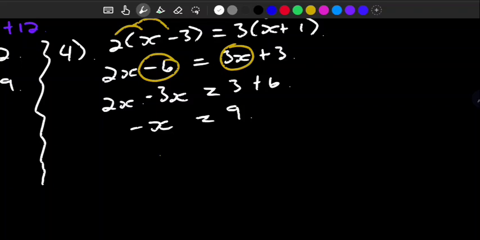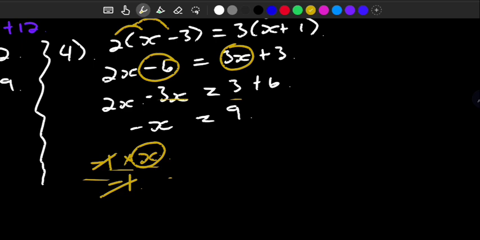Now, back to what I just said. Negative x is the same as negative 1 multiplied by x. If we want x by themselves, we're going to divide by negative 1. That cancels out that, and you're left with x by themselves. So same thing's going to happen here.